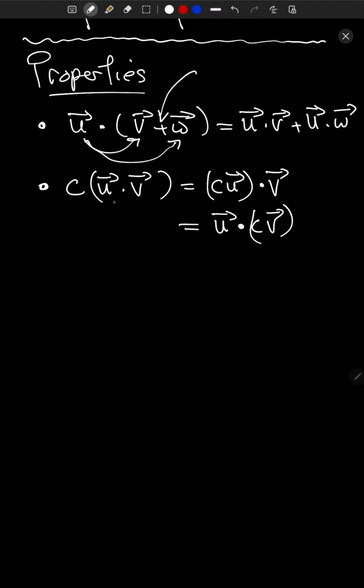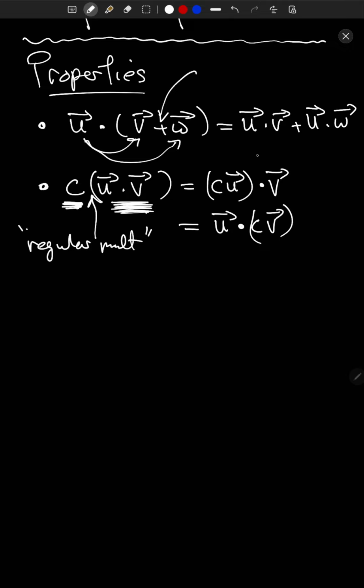Here you're doing the dot product of two vectors first, and then multiplying the number c to the result. So this multiplication, c times this, is regular multiplication of numbers, because u dot v is a number, c is a number, and c times a number is a number.